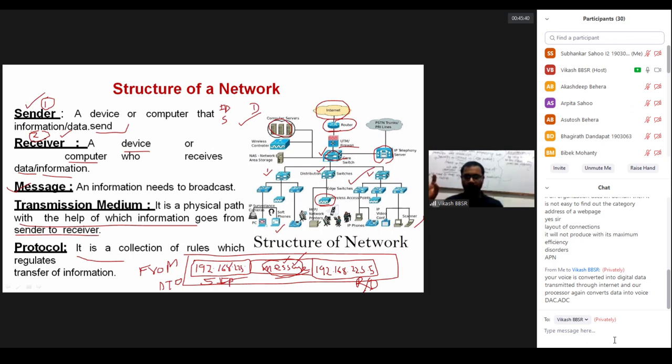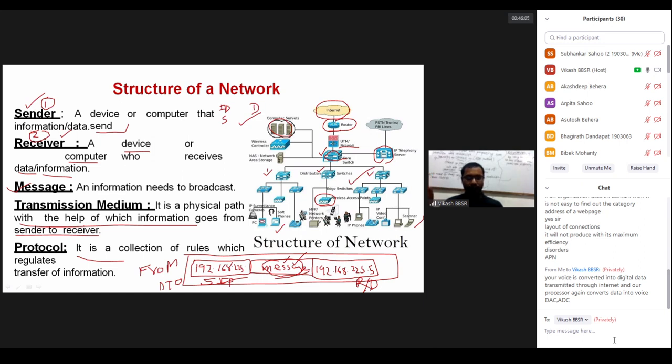Suppose you want to go from Bhubaneswar to Kolkata, then there is some protocol you have to follow in this path. You have to pick up this train, or this bus. There are rules, such as the time it requires. All these things are controlled.